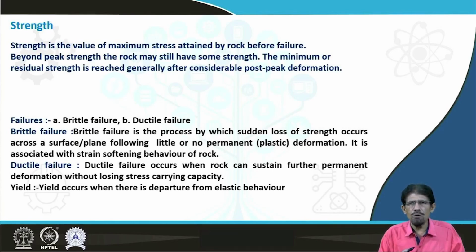This value of stress at the failure point is recognized as strength. This strength is the maximum capacity of rocks, the maximum stress value that can be sustained by a rock. It is a capacity to resist an applied stress.